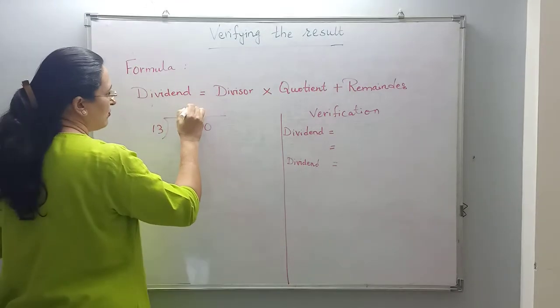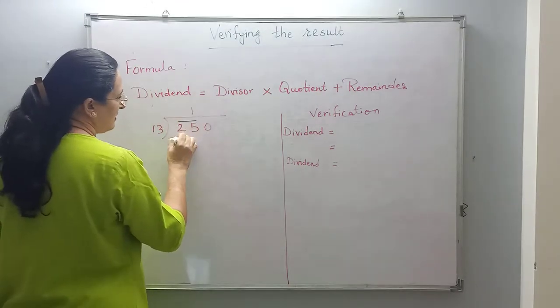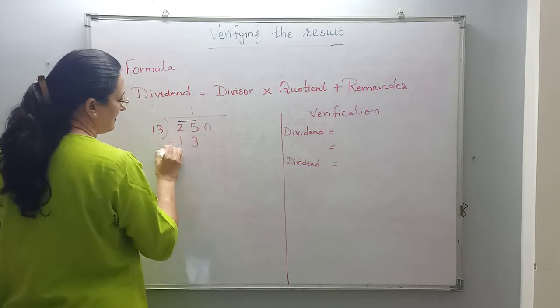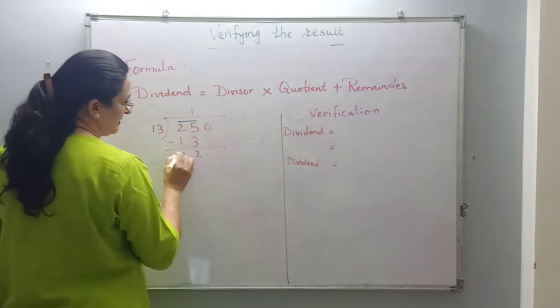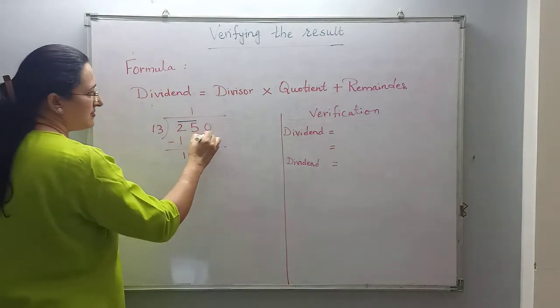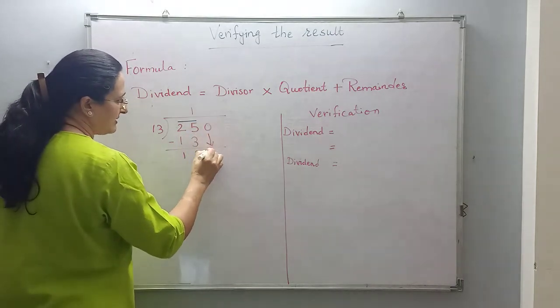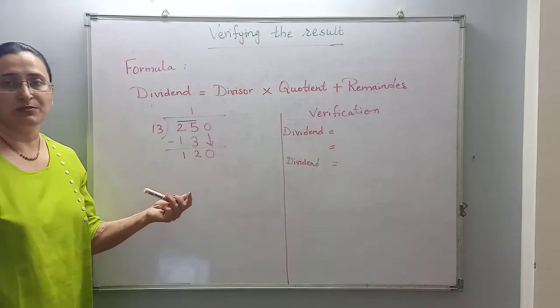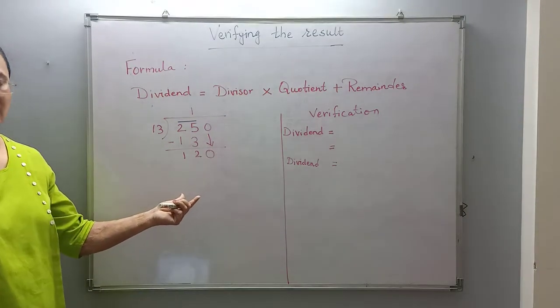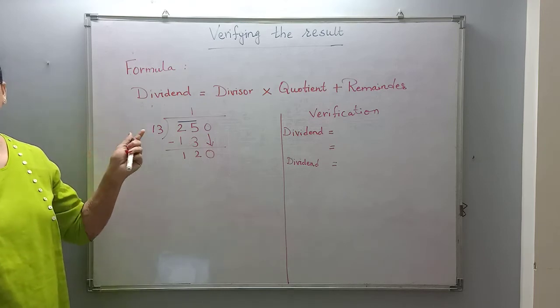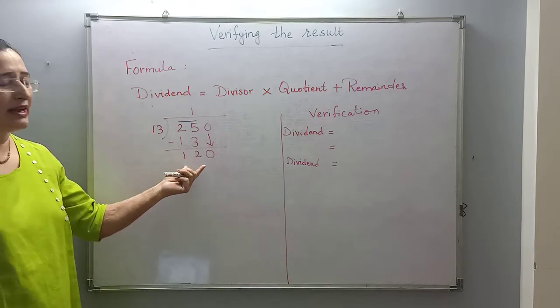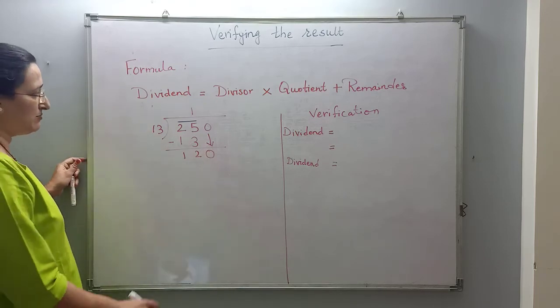So we will have to go for 13 ones are 13. So 12 remains. Now I am going to bring 0 down and it becomes 120. Now 120 does not come in the table of 13. So we will find out a number which is closer and smaller.